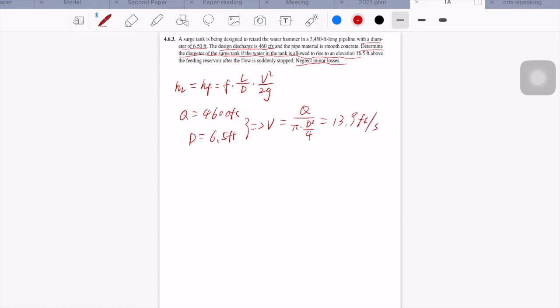We also know the pipe material is smooth concrete, so e equals 0.0006 feet. So the relative roughness equals 0.00092.